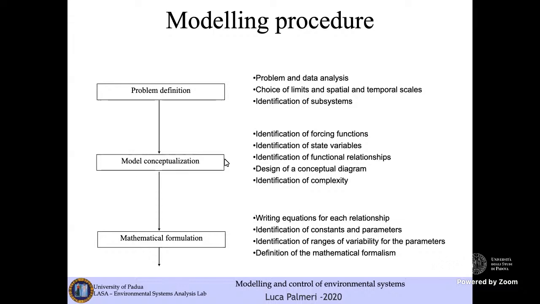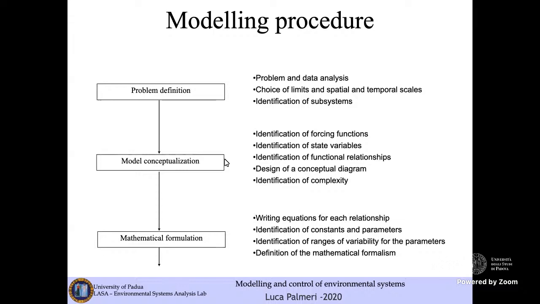So the choice of the constants has to do with this, while the parameters have to do with the possibility of changing the behavior of the model. The typical parameters, for example, in a eutrophication model in which you have a subsystem that describes algal growth, a parameter may be the rate of growth of phytoplankton.